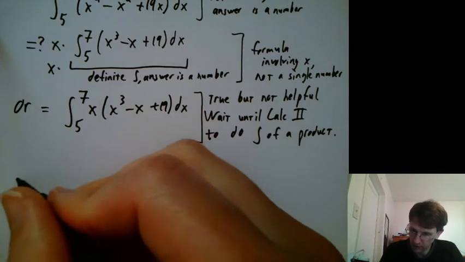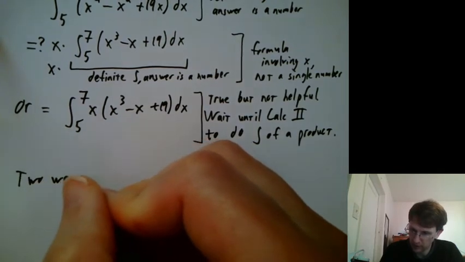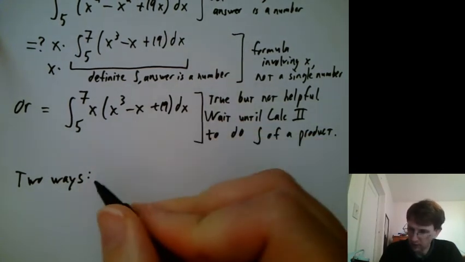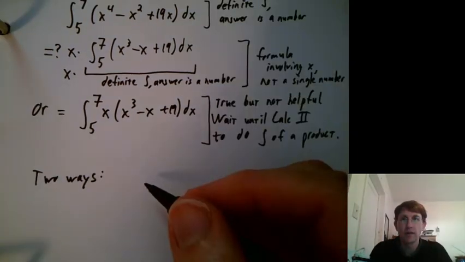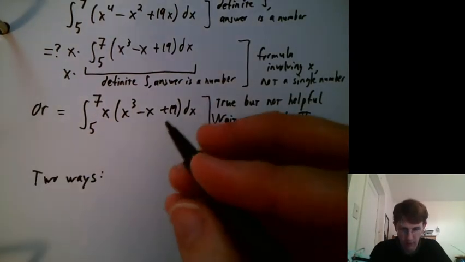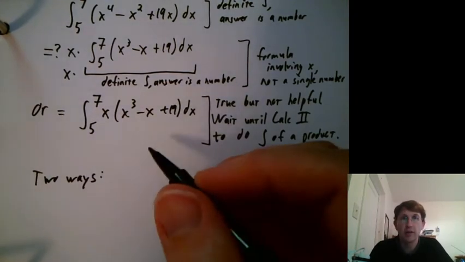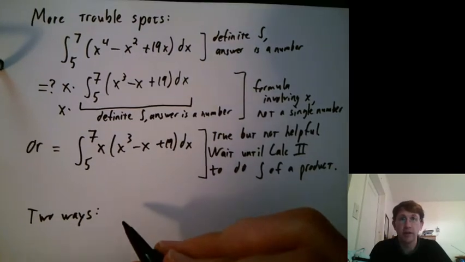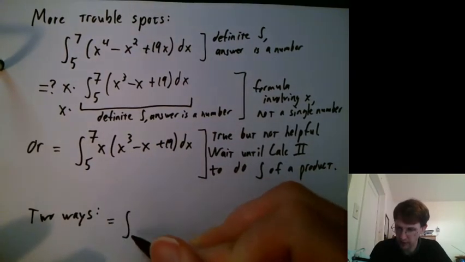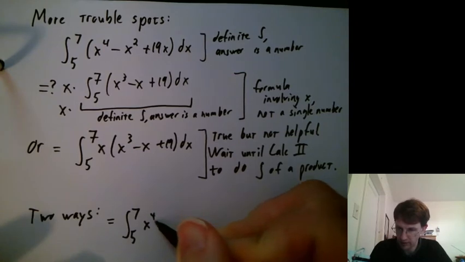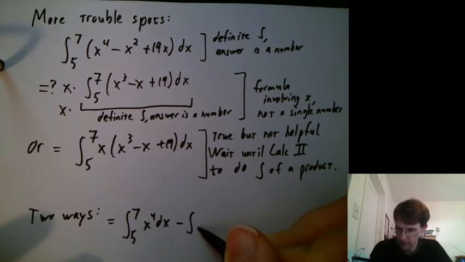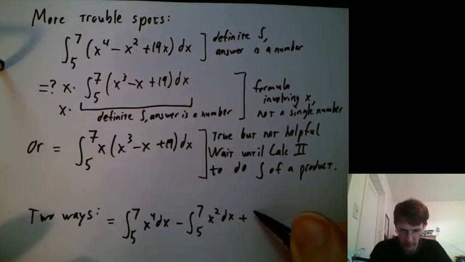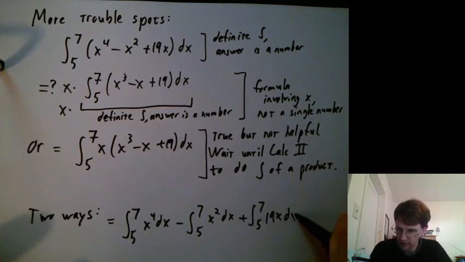Let's do this two ways, both without factoring. One way: the integral of a sum or difference is the sum or difference of the integrals. So we could say this is equal to the integral from 5 to 7 of x to the 4th dx, minus the integral from 5 to 7 of x squared dx, plus the integral from 5 to 7 of 19x dx.